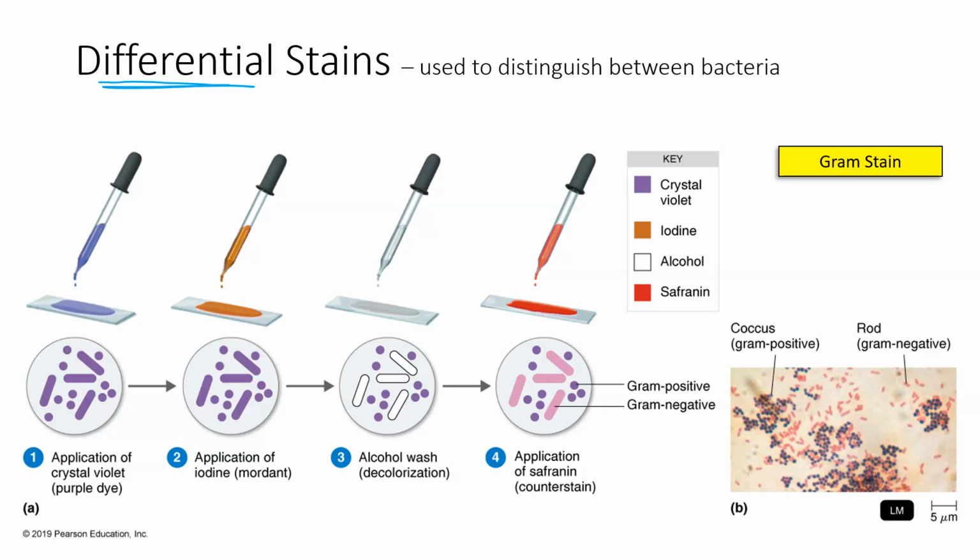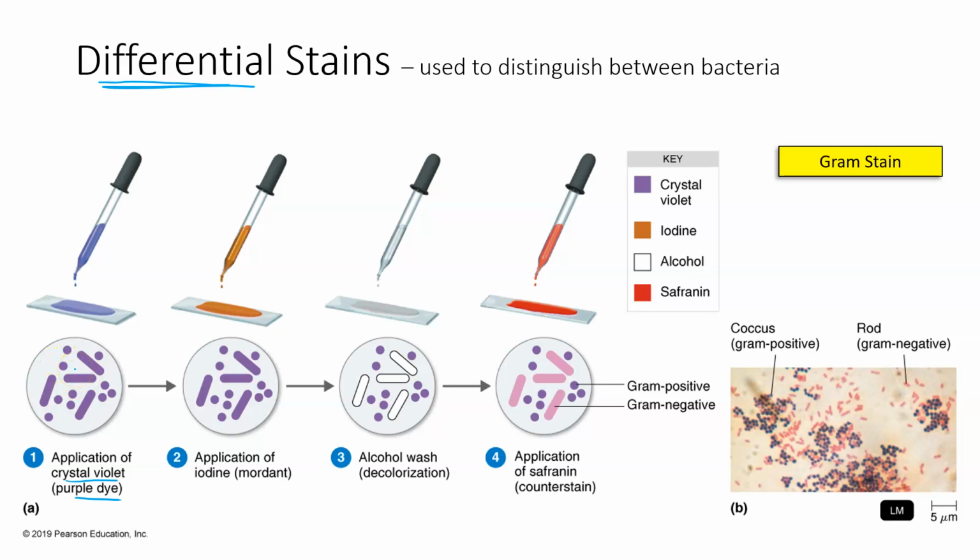diagram. The very first step is the application of crystal violet. That is a simple stain. It is a purple dye, and that causes every cell in your sample that you fixed to your slide to turn purple. Notice that I have rod-shaped bacteria and spherical-shaped bacteria.